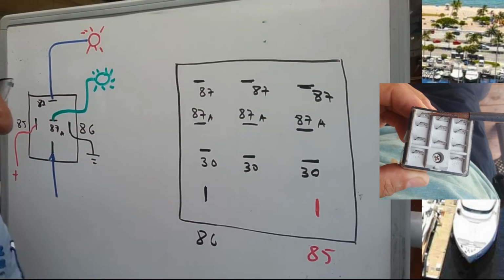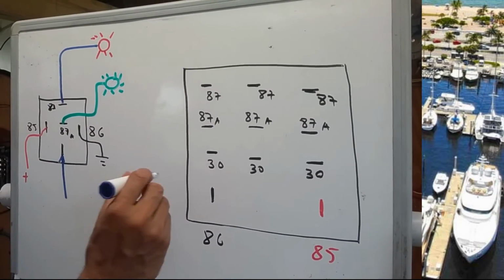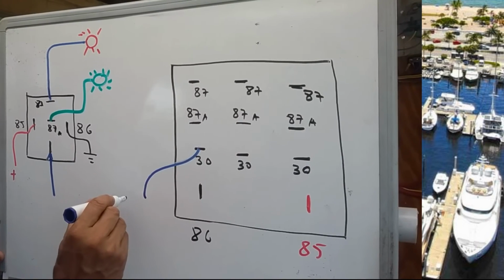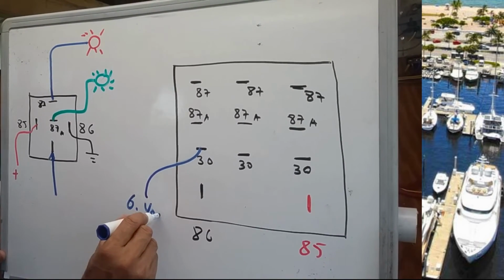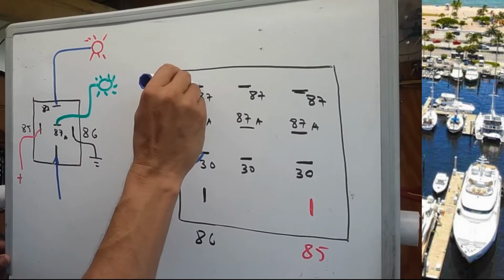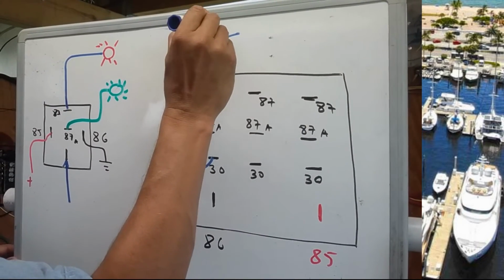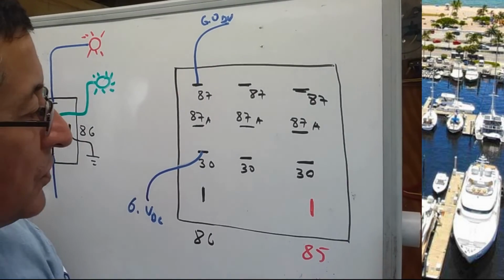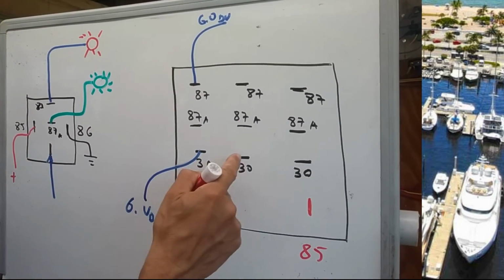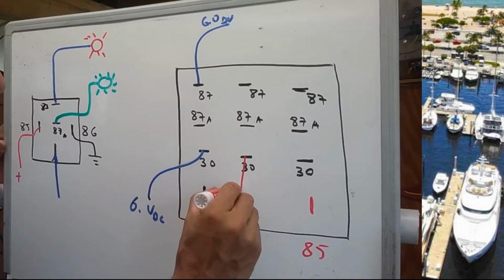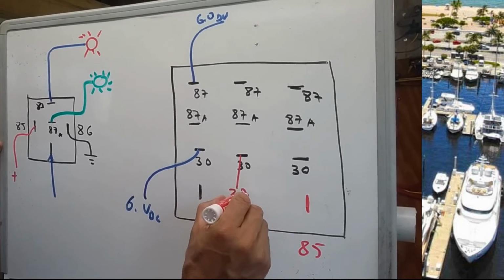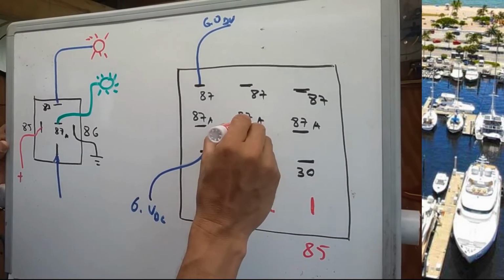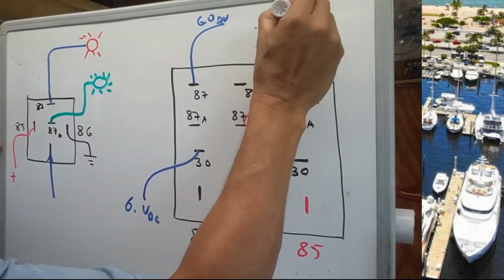In other words, through this signal I can put here 6 volts DC, and I am going to use the output here, 6 volts DC. And I want to send through this one, in the normally closed position, 20 volts AC, and here 20 volts AC.